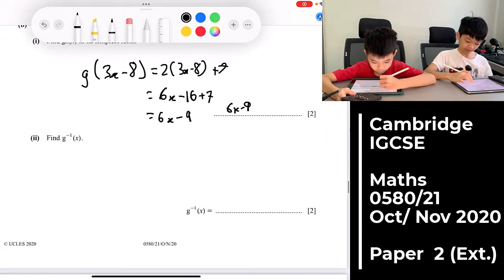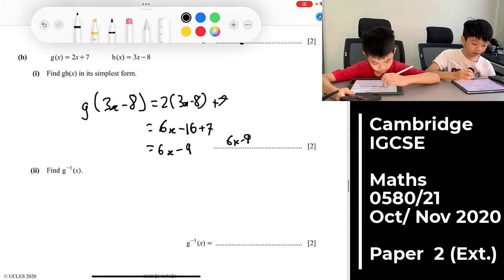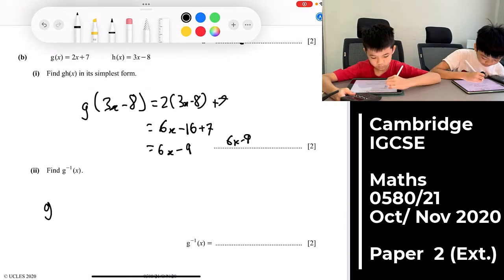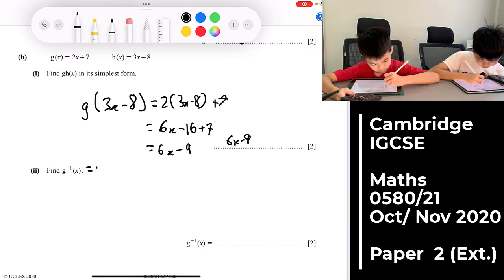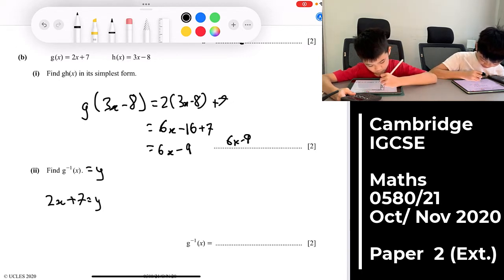Done. 2g inverse x equals y. Don't know what y is. 2x plus 7 equals y.